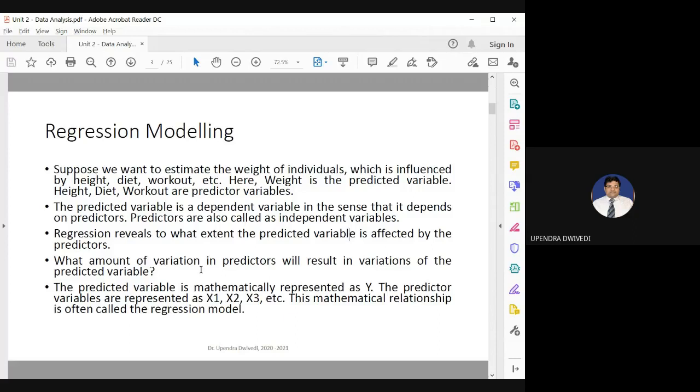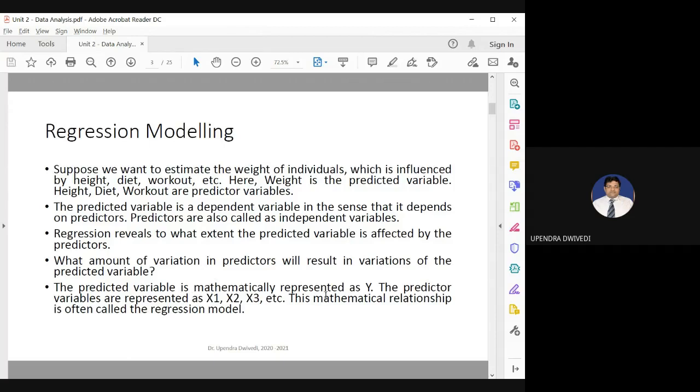You can estimate that the workout is burning calories through exercise, say 1000 calories per day. So you can find that there is some weight gain by the person, because whatever diet he is taking based on his height and whatever workout he is doing, certainly the weight is going up.